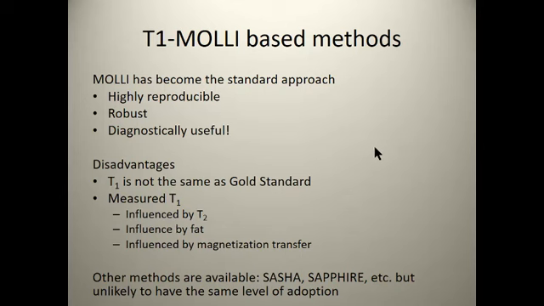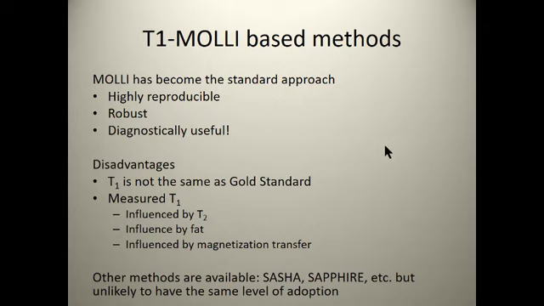Is it? So in terms of T1 mapping methods, MOLLY has become the standard approach. So effectively on the 3 vendors, they're providing a MOLLY-based sequence, at least you can implement it as a MOLLY-based sequence. It's really highly reproducible, which is its great strength. It's robust, and it's proven to be diagnostically useful.